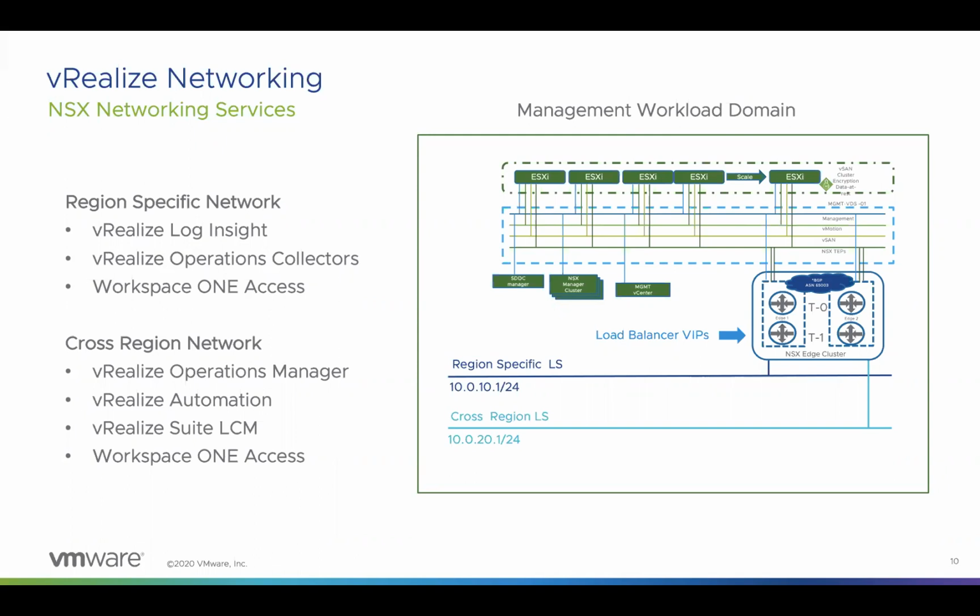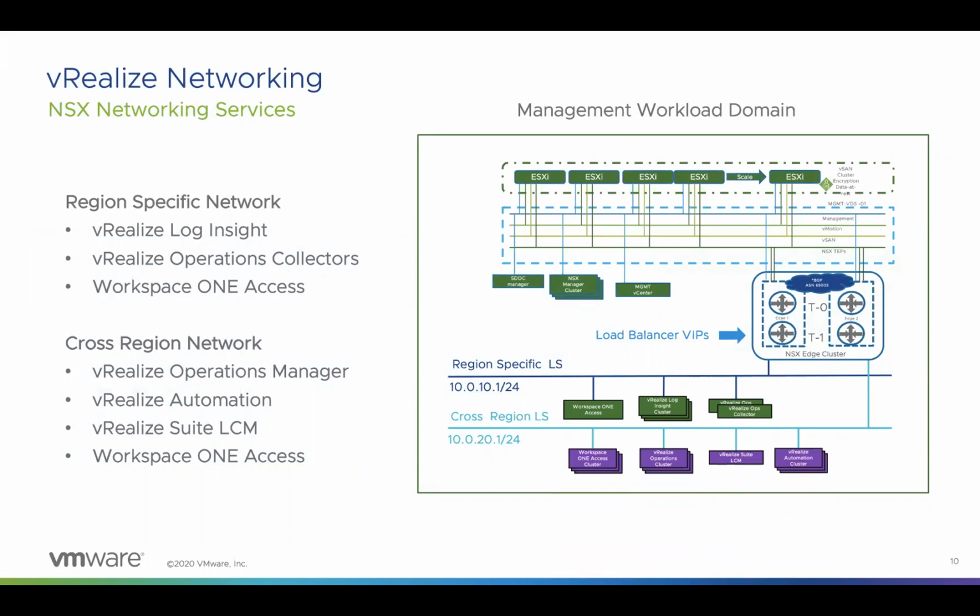So all those load balancers, wherever we need them from the management perspective, for vRA, for vROps, for Workspace One, currently we need 3 load balancers, and all 3 will be running on the tier 1 here. That's what you can see, the load balancer here. It will also deploy 2 logical switches with 2 separate networks, and configure the routing between these 2, so that whichever products you are connecting to, whether the region-specific logical segments or the cross-region ones, they can talk to each other.